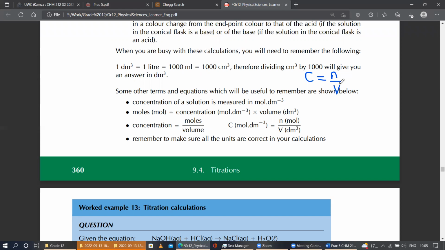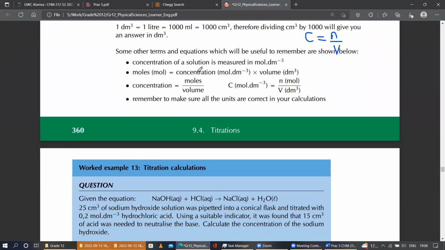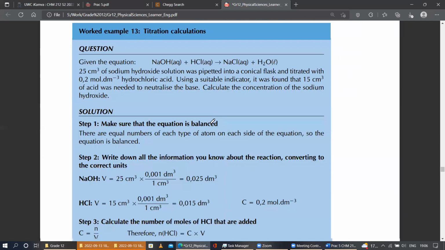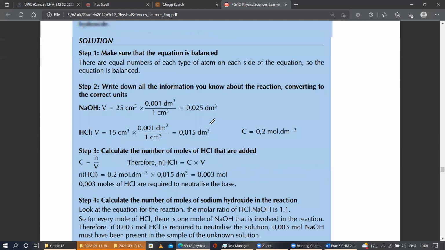So every time you see volume, it has to be in liters. That's why they say, make sure that all your units are correct in your calculations.